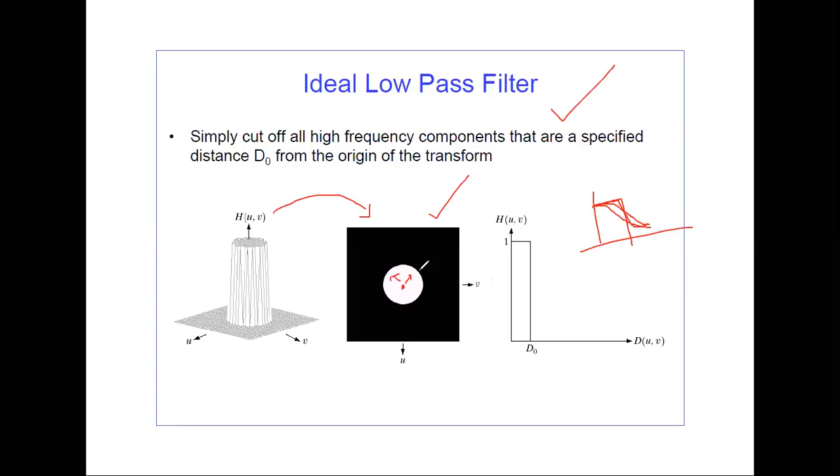As and when we move to the corner, we will have high frequency. So if the author tells you that there is all ones here, white is nothing but a one, and suppose there is all zeros here in the corner.